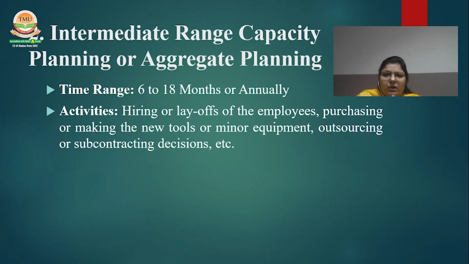The activities here are hiring or layoff of employees, purchasing or making new tools or minor equipment, and outsourcing or subcontracting decisions, which come under intermediate or aggregate planning. The time period of this is 6 to 18 months.